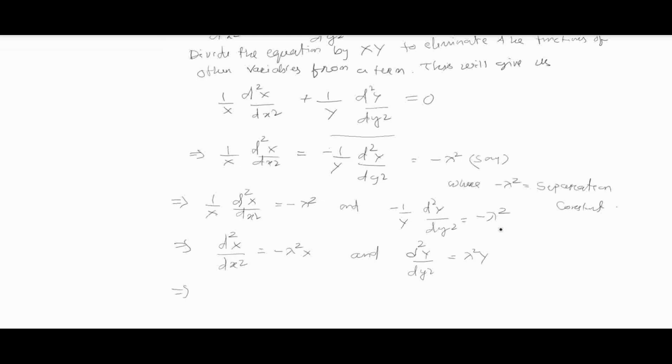This will give us two ordinary differential equations. According to the separation of variables method, we reduced the given partial differential equation into two ODEs as follows: d square X by dx square plus lambda square X is equal to 0, and d square Y by dy square minus lambda square Y is equal to 0.